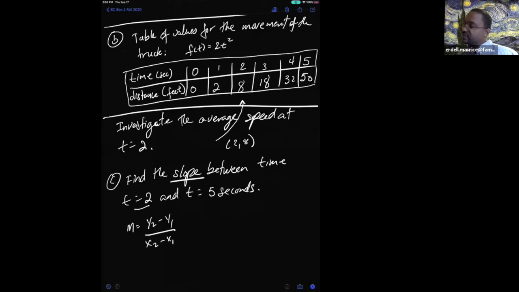And then the second point at t equals 5, when the time is 5, the distance is 50. And so then I have 50 minus 8 divided by 5 minus 2. That gives me 42 over 3, which is equal to 14.